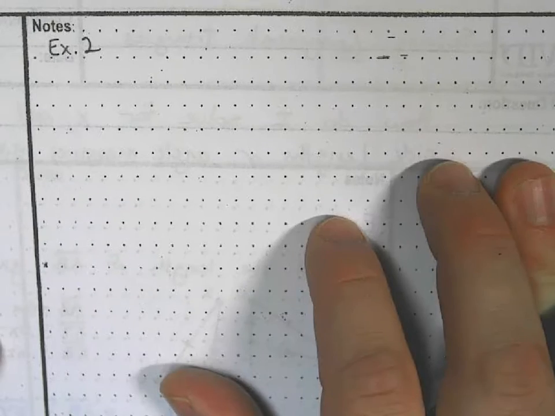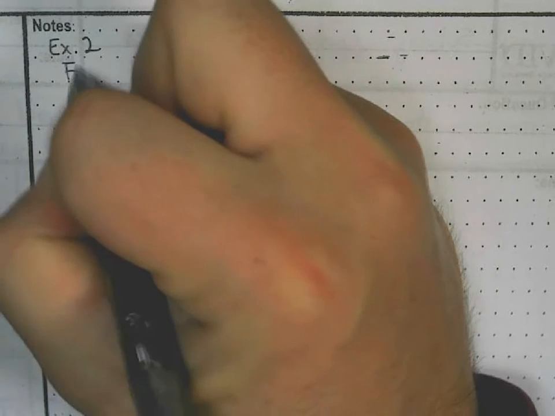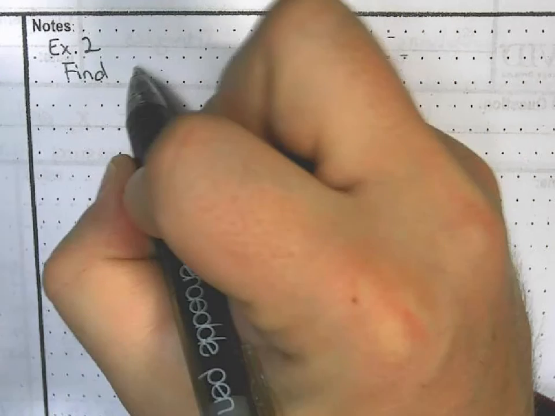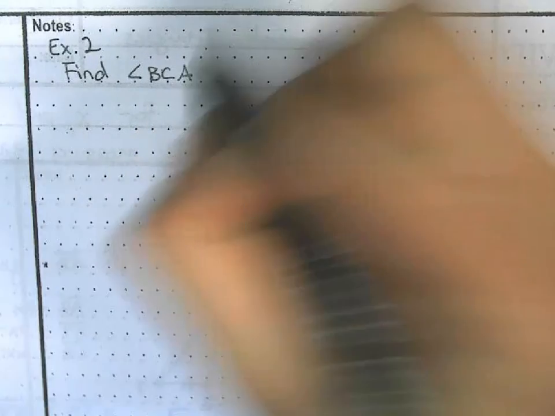So example 2 is going to be find angle BCA.